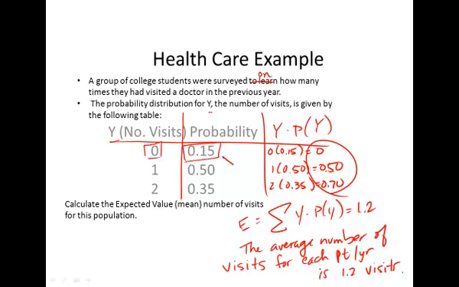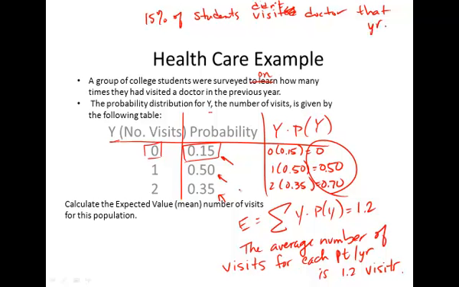So you might wonder, well, where did these probabilities come from? Well, there was probably a sample taken, and 15% of the students didn't visit their doctor at all that year.